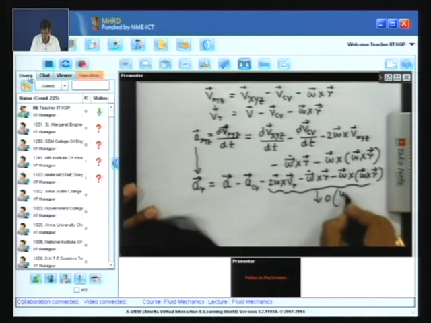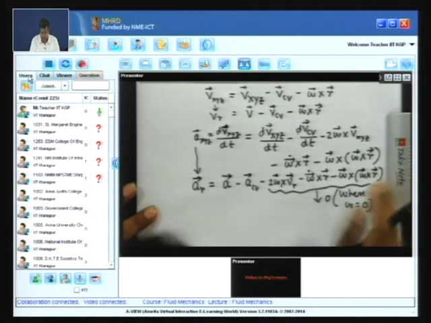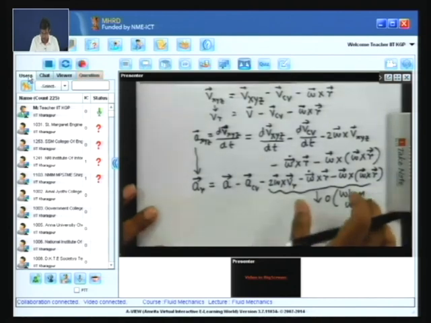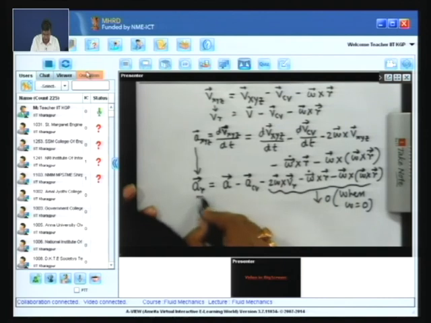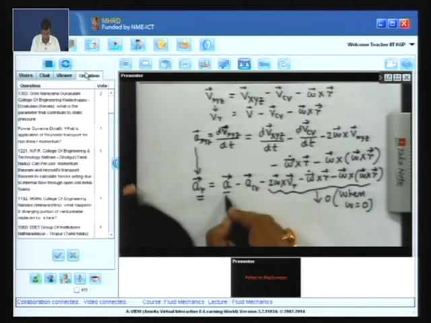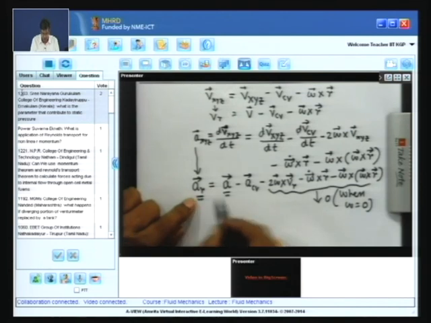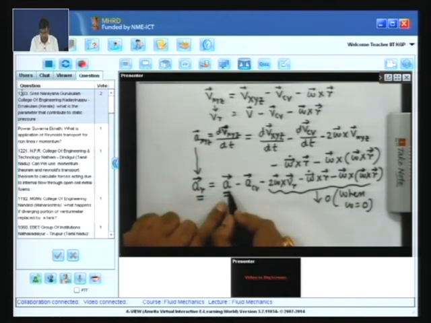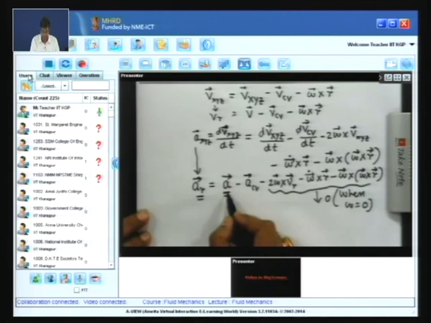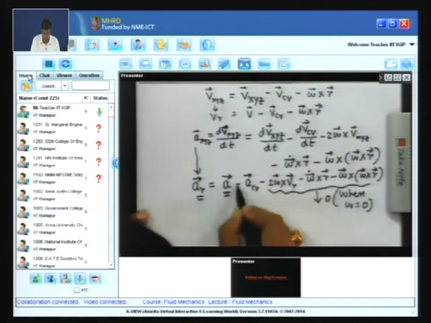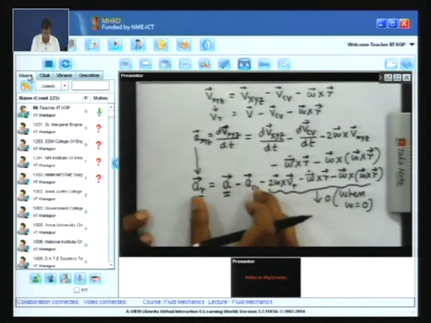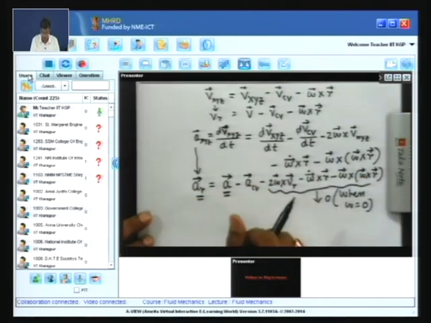When the control volume is not rotating, that means the frame of reference is non-rotating, the relative acceleration, that is the acceleration with respect to the control volume, is the absolute acceleration, described in the inertial or static frame of reference, minus the acceleration of the control volume. This part is true, this becomes 0, which we used for linear conservation of momentum.